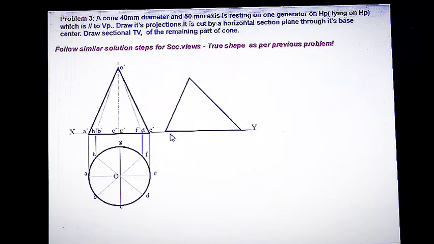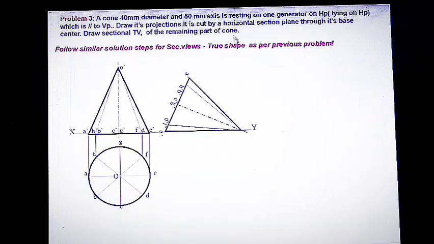So we assume the solid is resting on the generator O dash E dash. So the point A dash will be the topmost point. This will be the point O dash and this will be the point E dash.